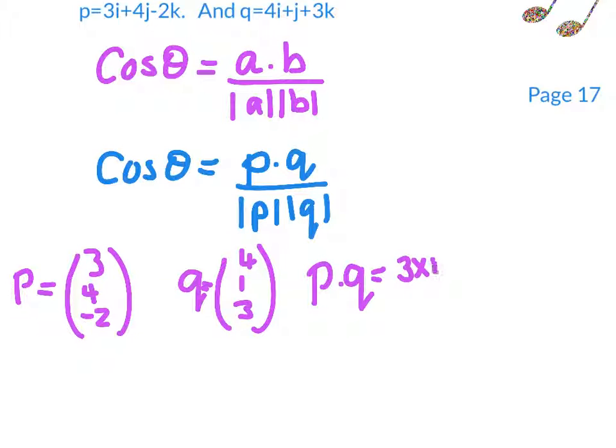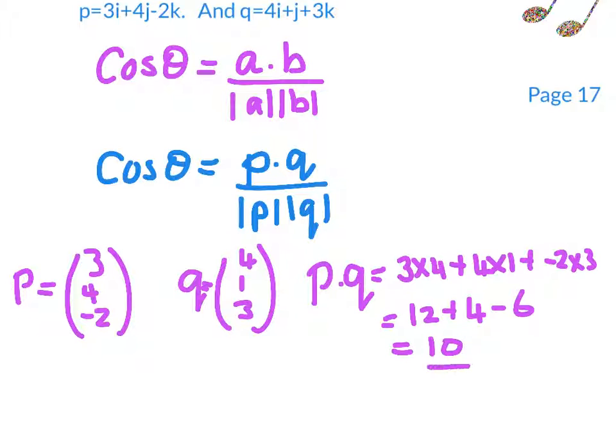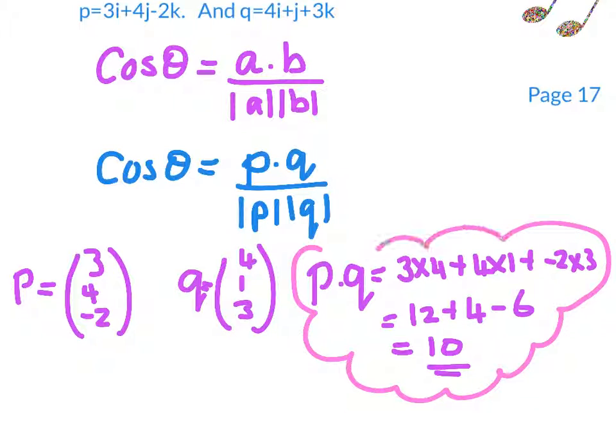So 3 times 4 plus 4 times 1 plus negative 2 times 3, which is 12 plus 4 minus 6, which is 10. So that's the first thing we need. We have the top of the fraction. Now we need the magnitude of P and the magnitude of Q. And we just use Pythagoras for these.